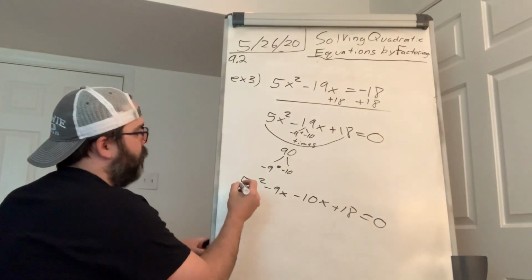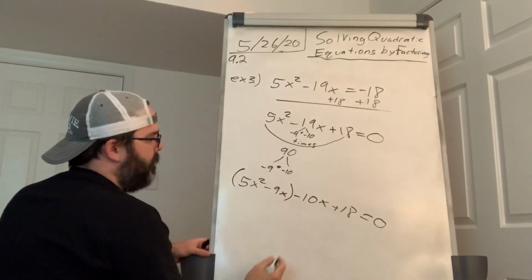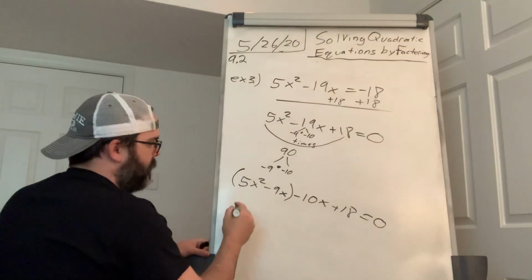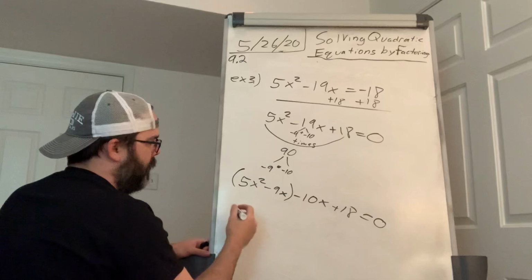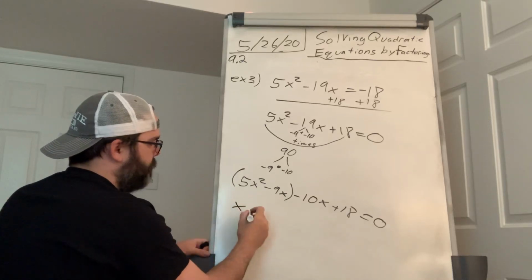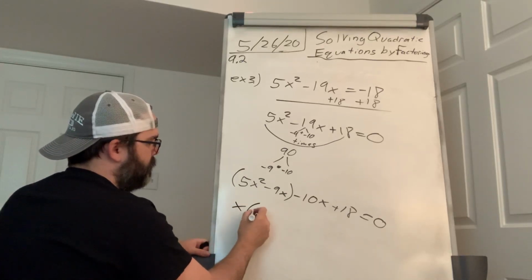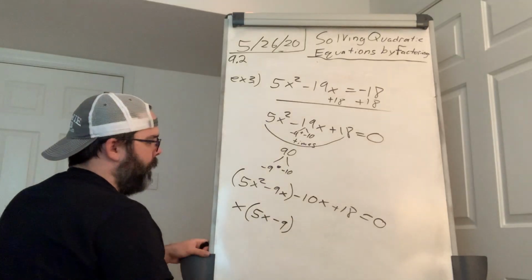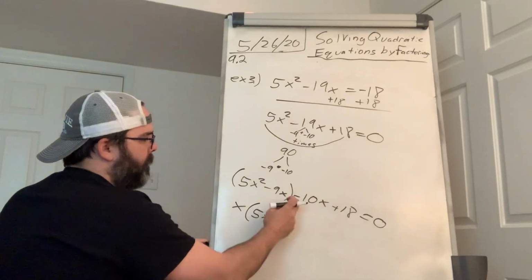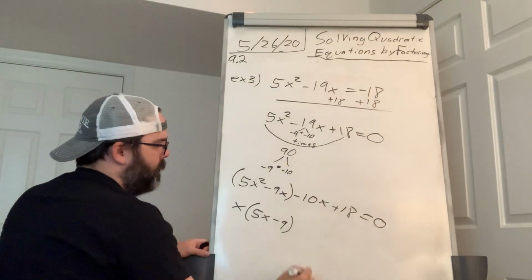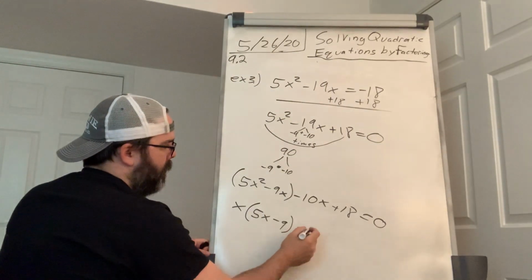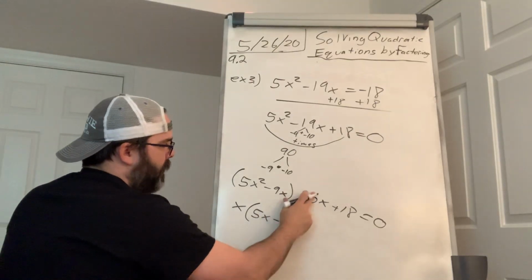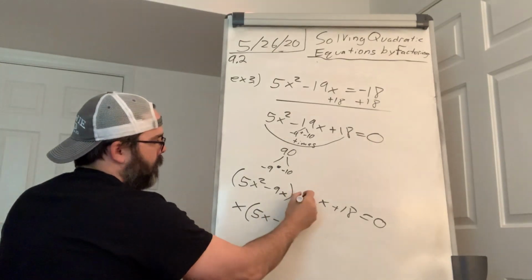Now we're going to factor by grouping. What can be factored out of there? So the only thing factored out of here is x. I'm going to want to factor out a negative. Let me change this to plus negative 10 so I don't confuse you guys.